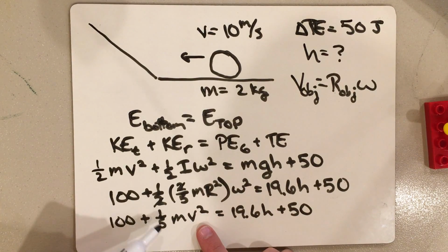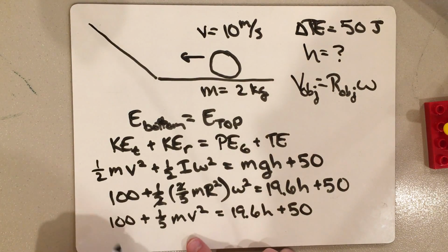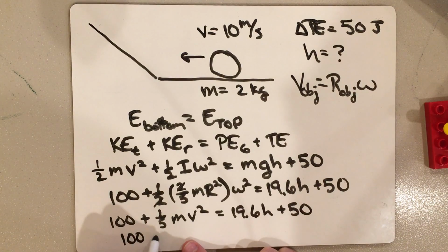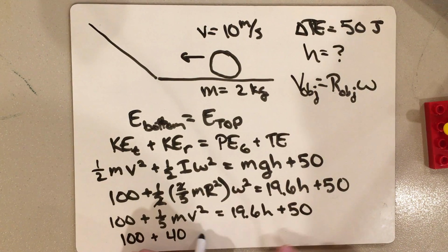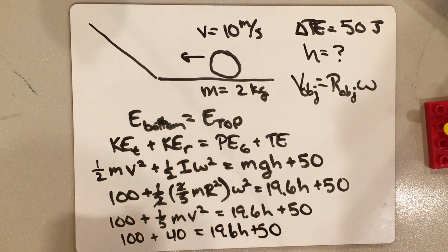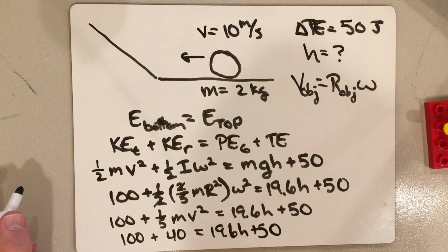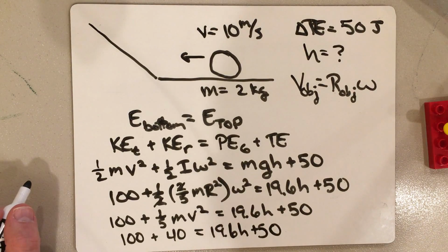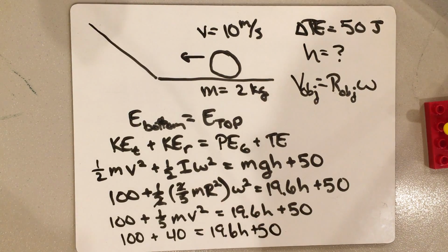Okay, so 1/5 times my mass, 2, times v squared, 100, is 100 times 2/5, which is 0.4, so this is going to be 40. So this is 100 plus 40 equals 19.6 h plus 50. So this is obviously 140. I'm going to subtract 50 from it.